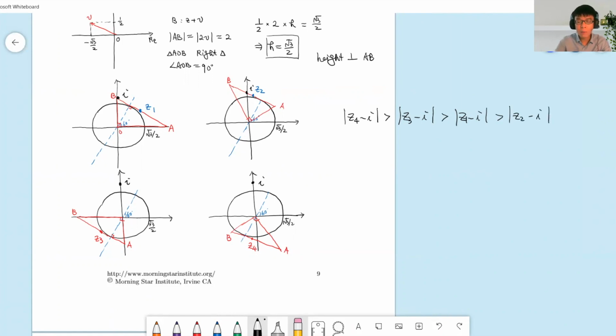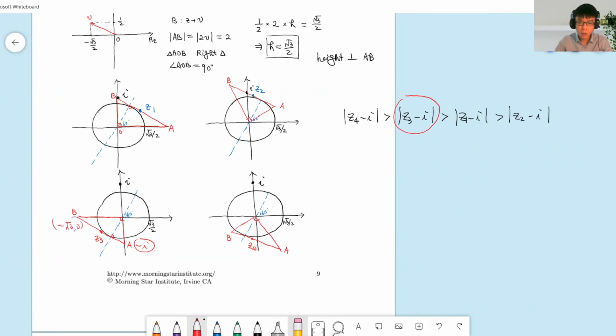So we can do some computation to show. First, let me compute this solution here. z3, that's the second largest distance to i. So for z3, we see that A has the coordinate minus i, and B has the coordinate minus root 3, 0.